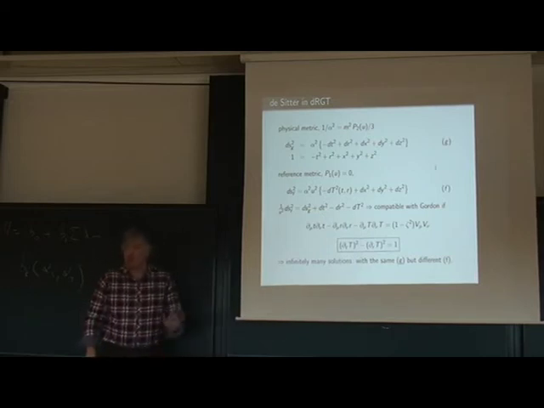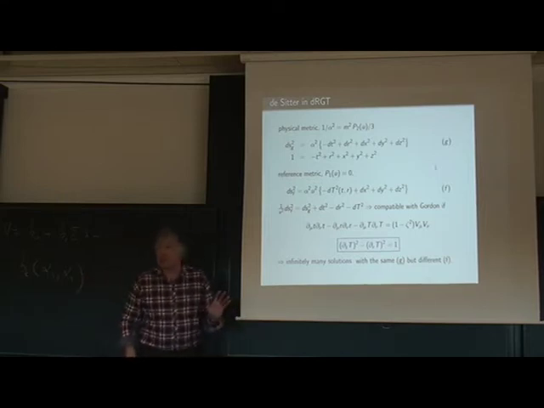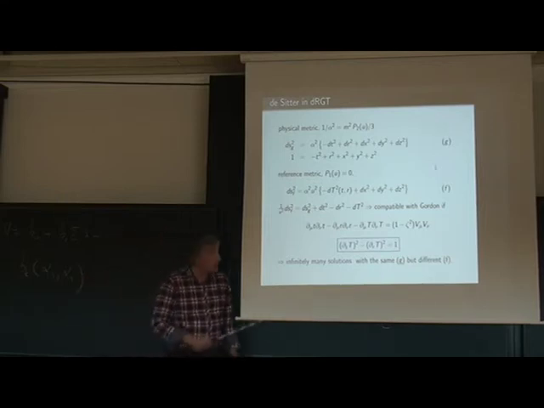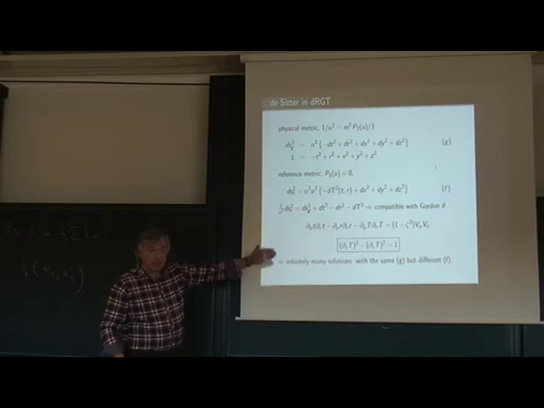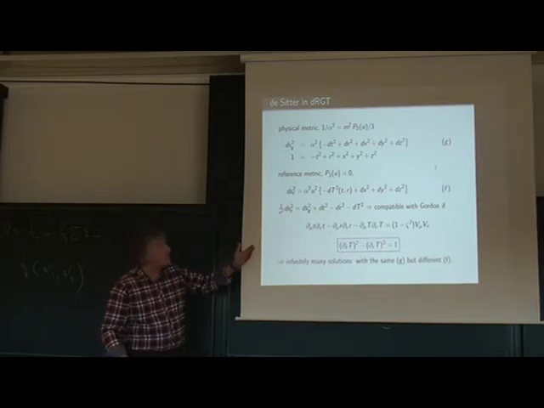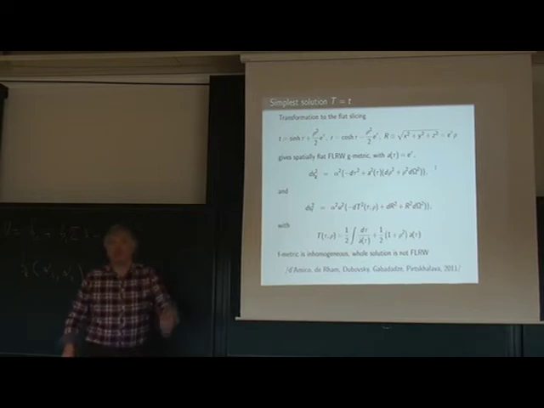People, of course, don't care about the general solution. So let's consider the simplest solution, which is T large equal to T small. Now let's take T large equal to T small, and let's transform this solution to some of the known coordinate systems. So let's first choose the flat slicing.